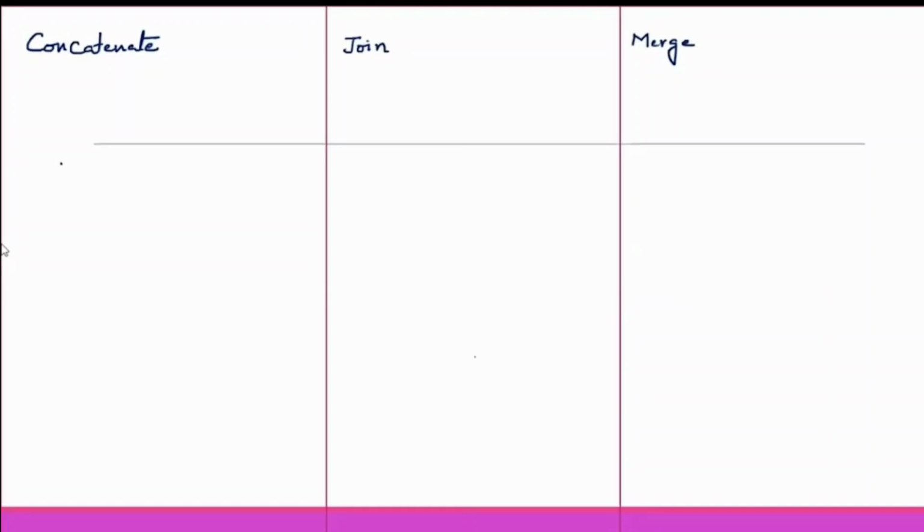Typically concatenate puts things side by side, no logic. It will only match with the row or match with the column. That's it.